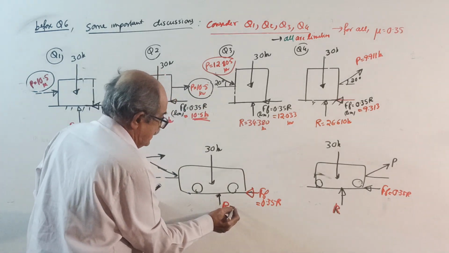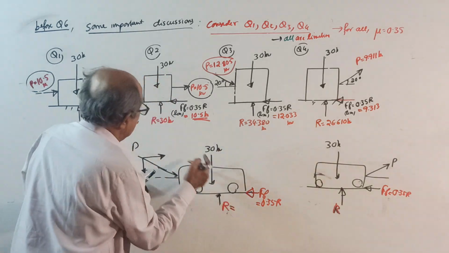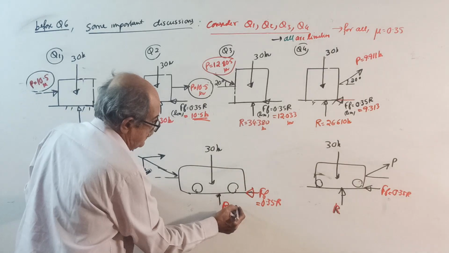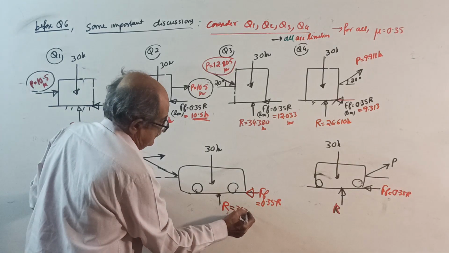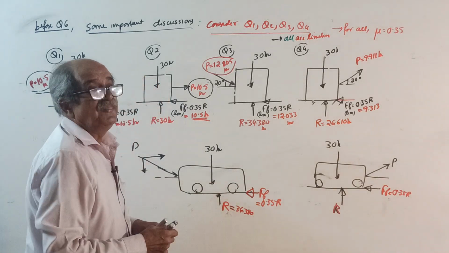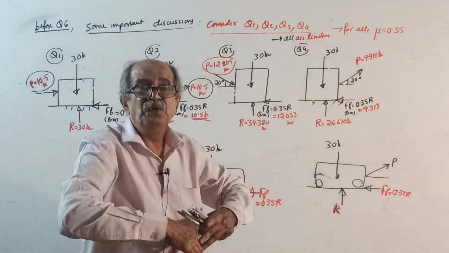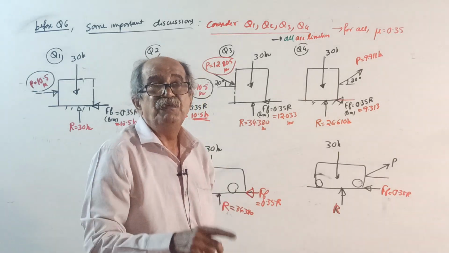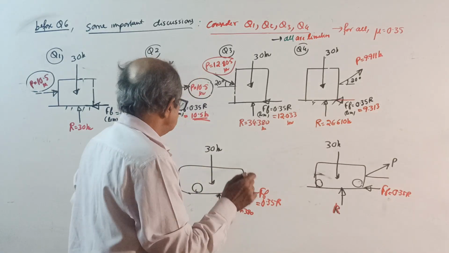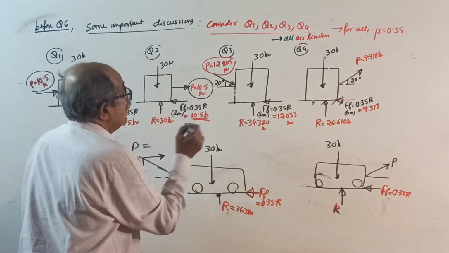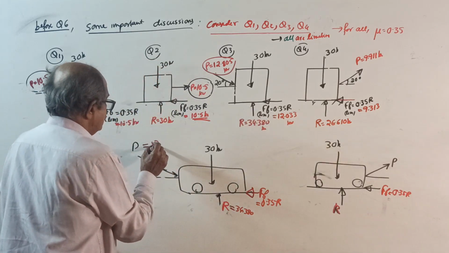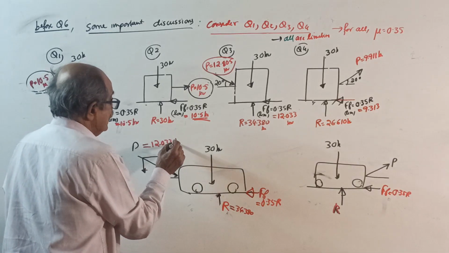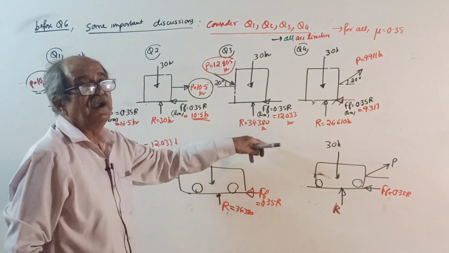That's why more reaction came. Earlier it was 30, now it increased to 34.380. When you press something on the ground and push it, the effort required is more. That's why your P value came 12.033 kilonewton.